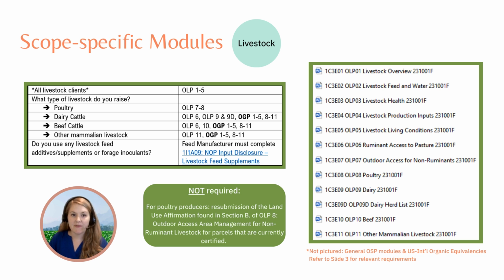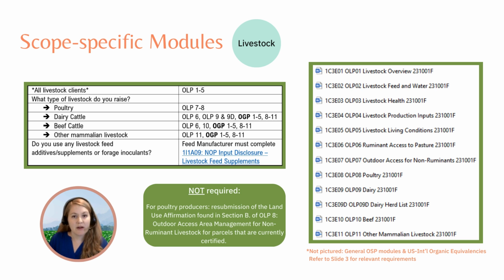For the livestock scope-specific OSP modules, again on the left, you see a chart that shows the different activities and different types of livestock that operations can raise, and the corresponding organic livestock plan modules that are required. On the right, there's a screenshot of the modules in that scope-specific livestock section of your zip file, and you would only complete the ones that are necessary based on the criteria in the chart on the left.